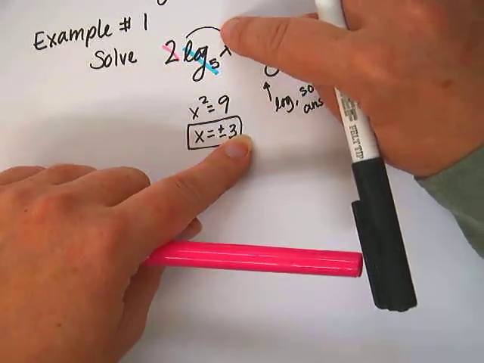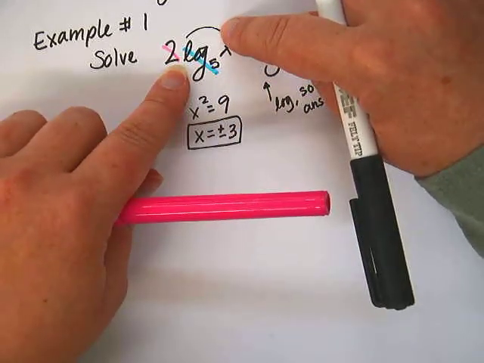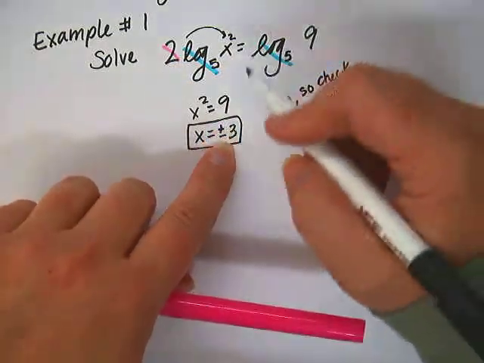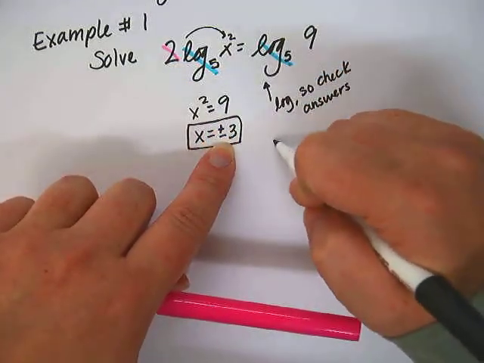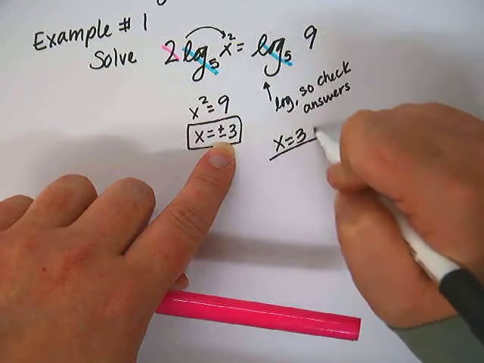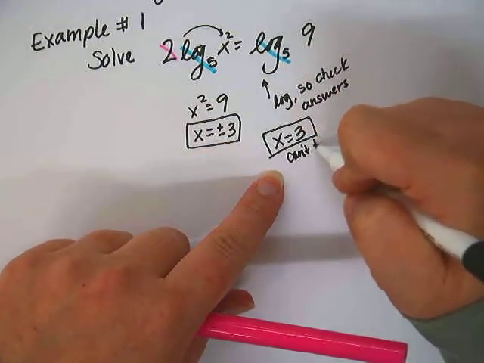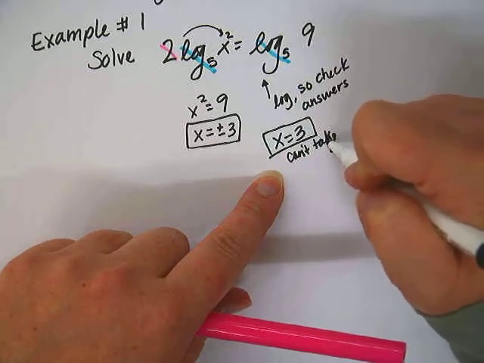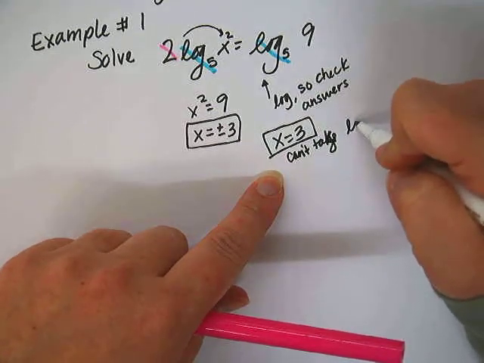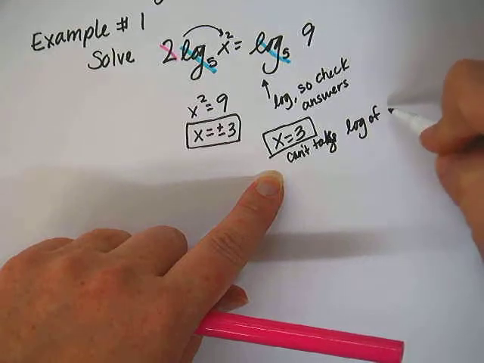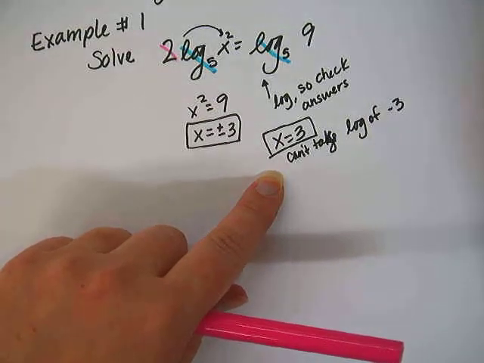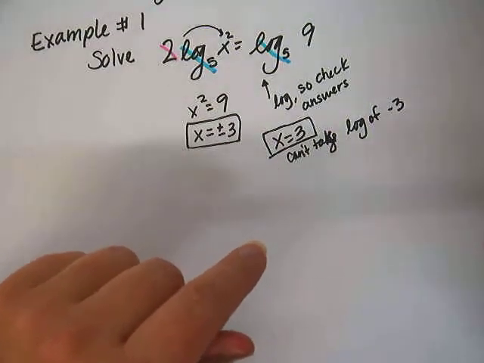That means that you cannot plug in a negative 3 because you cannot take the logarithm of a negative, and that would just put the 2 out here. So the negative actually is not possible. So the final answer is x equals 3 because we can't take the log of negative 3.